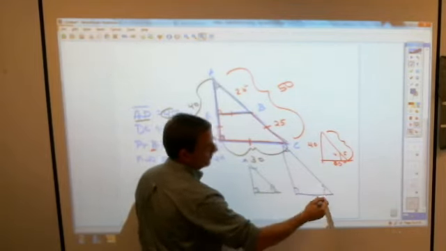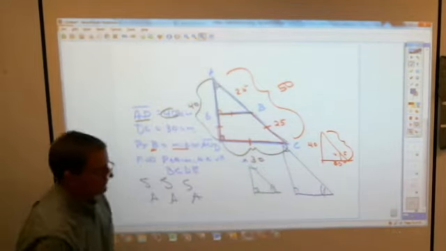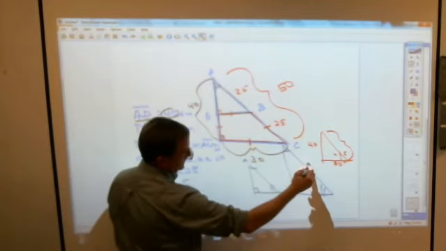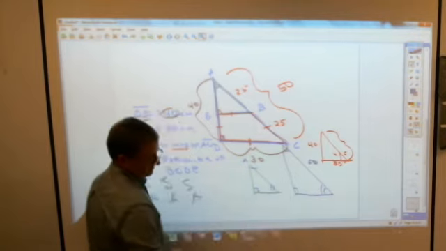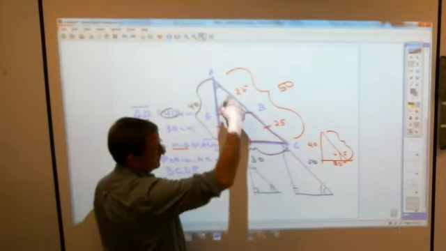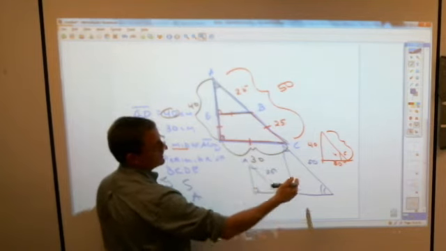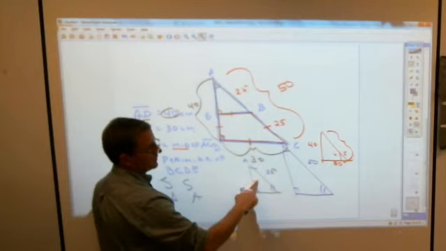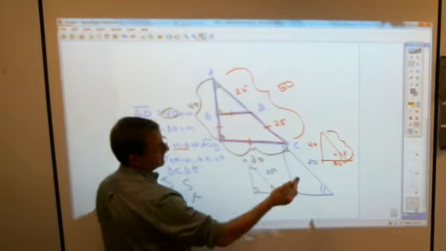So if we know they're similar, children, take a look-see. I know that the long side here on AC is 50, right? And I know that this part from here to here is 25, which means to go from this triangle to this triangle, you just divide by 2.